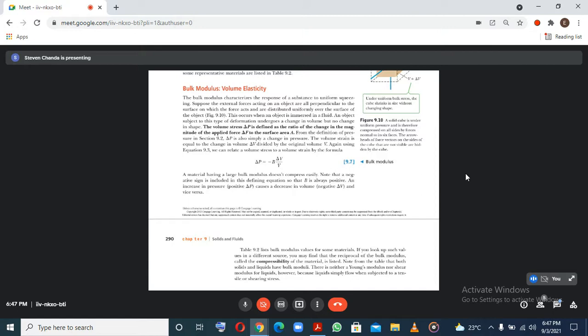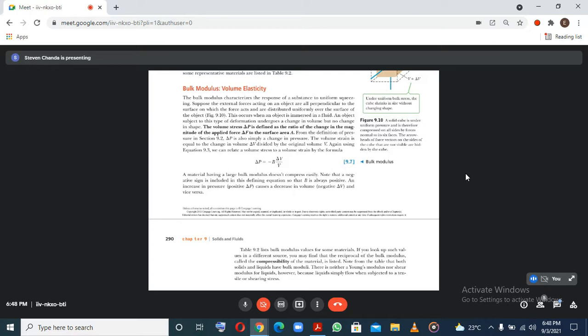Eventually, because we are compressing the water, we are trying to reduce the volume of the water, and remember that when reducing the volume by compressing, the pressure increases.